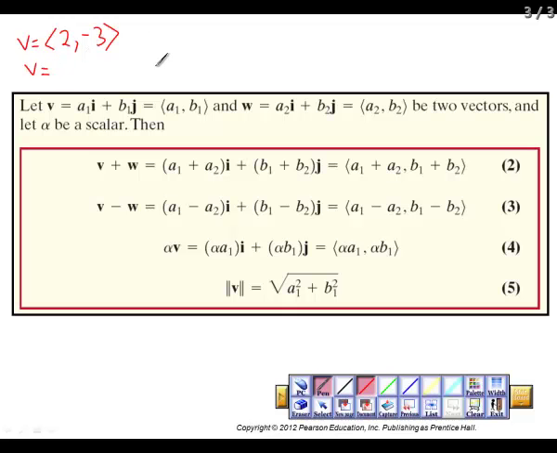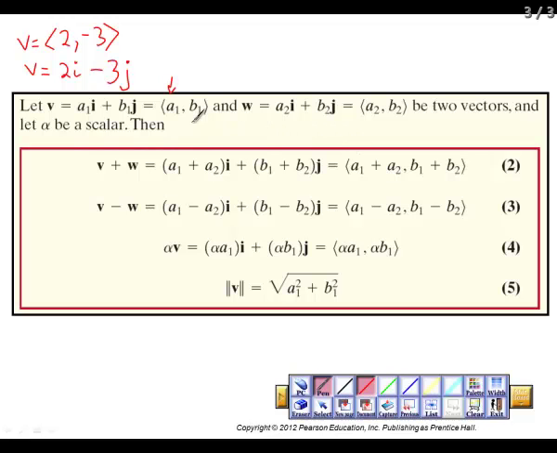So our vector in terms of i and j would be 2i minus 3j. The first one is always our horizontal. So the a here represents your horizontal displacement, and b represents your vertical displacement. So that's where the ai plus bj comes in. The 2 in this case would be the a, and minus 3 would be the b.